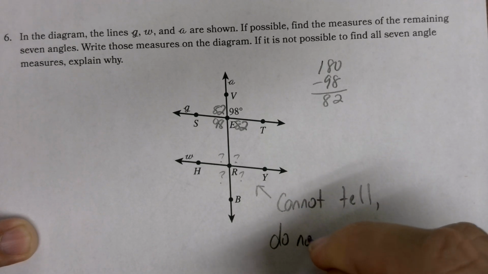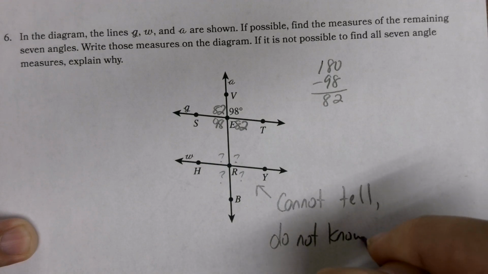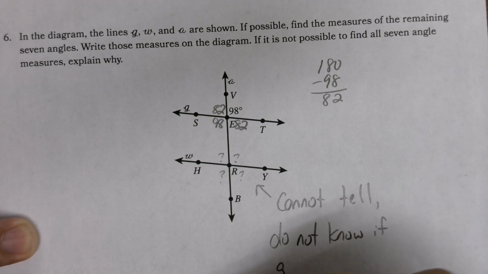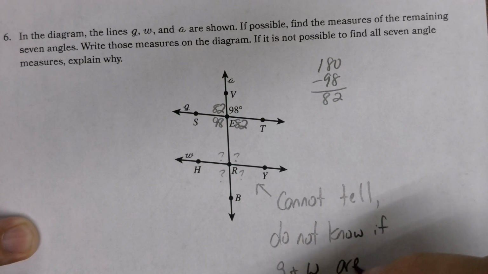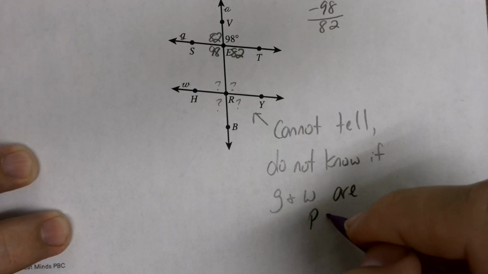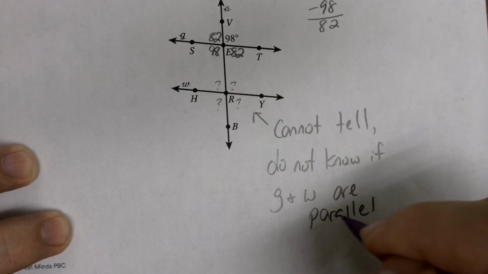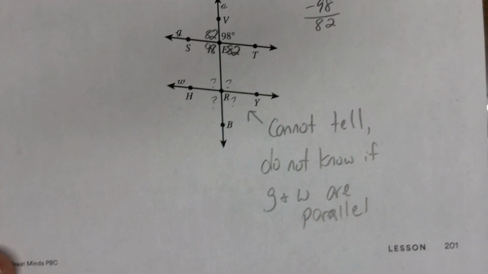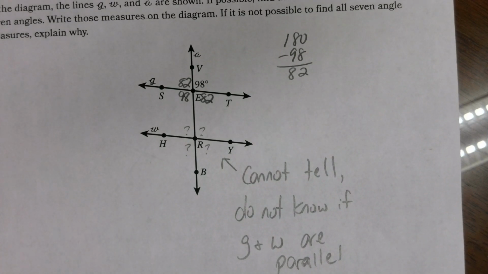We do not know if G and W are parallel. If they're parallel, we can figure it out. But they're not telling us whether they're parallel or not. So we don't know what those angle measurements are.